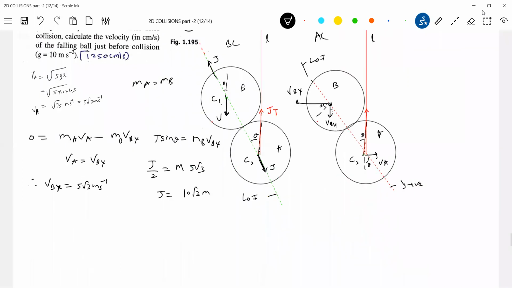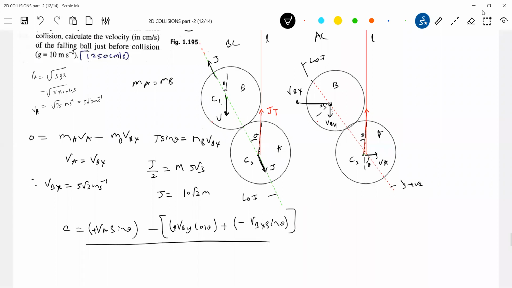Looking at these two diagrams, the coefficient of restitution formula: e is equal to VA sine theta, this will be positive, minus VBY cos theta, positive, minus of this will be VBX sine theta. Now two components I'm bringing. How is it possible? And this should be u cos theta. This is initially at rest, no?